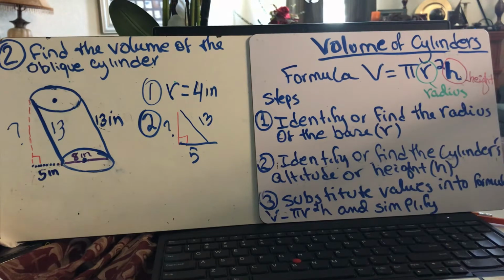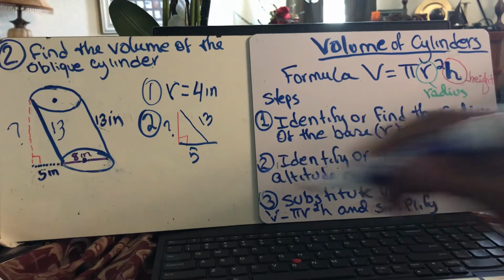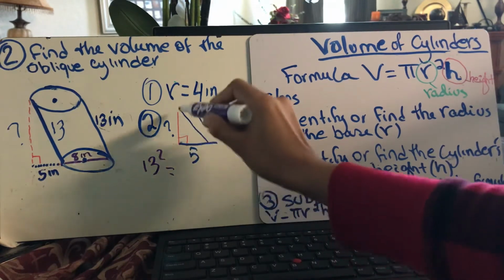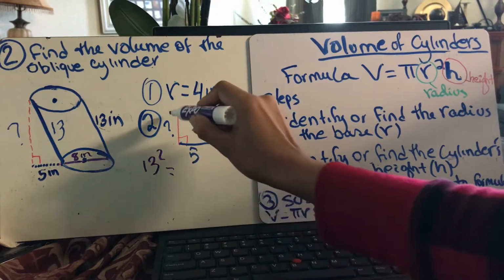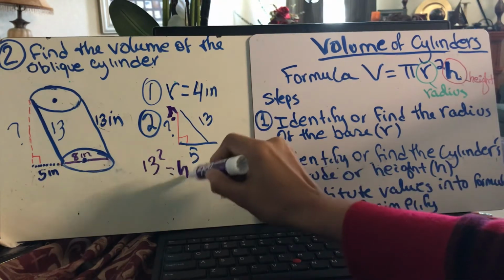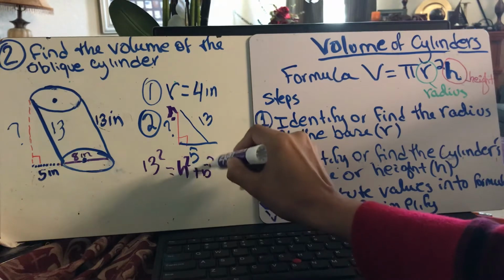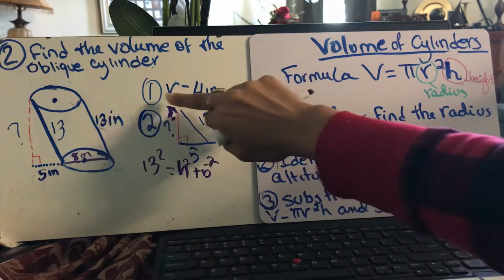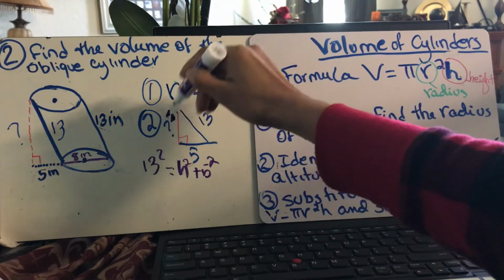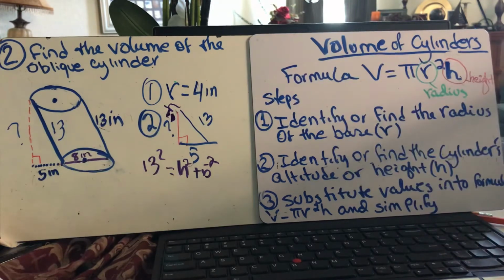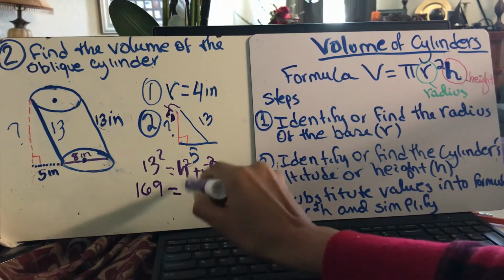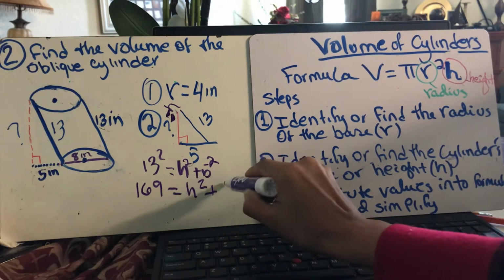I know that my hypotenuse is that slant height. So I have 13 squared equals my unknown length, which is going to be my height. Let's call it h. h to the second power plus 5 to the second power. Trying to find the height. So I have 13 times 13, 169, equals h squared plus 5 times 5, which is 25.